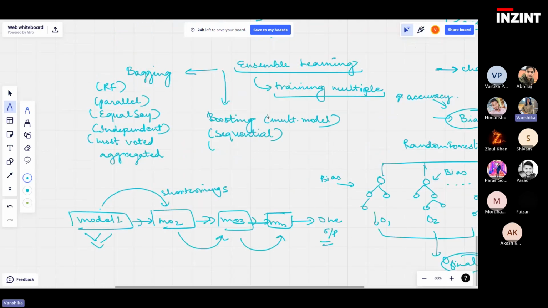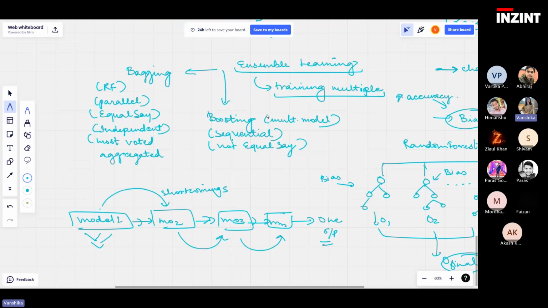So sequential training happens. Here we can't say that there is equal say, since the models are trained sequentially. One of the models, which is stronger or giving a more correct result compared to the other models, is going to dominate.